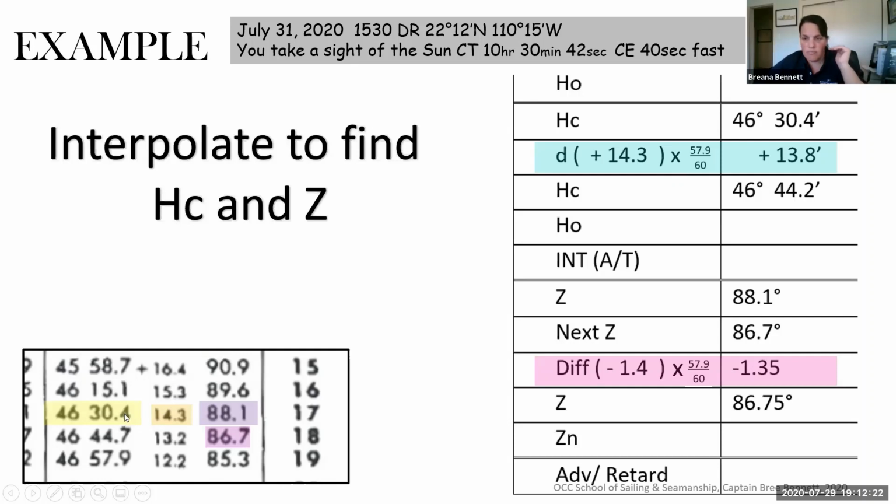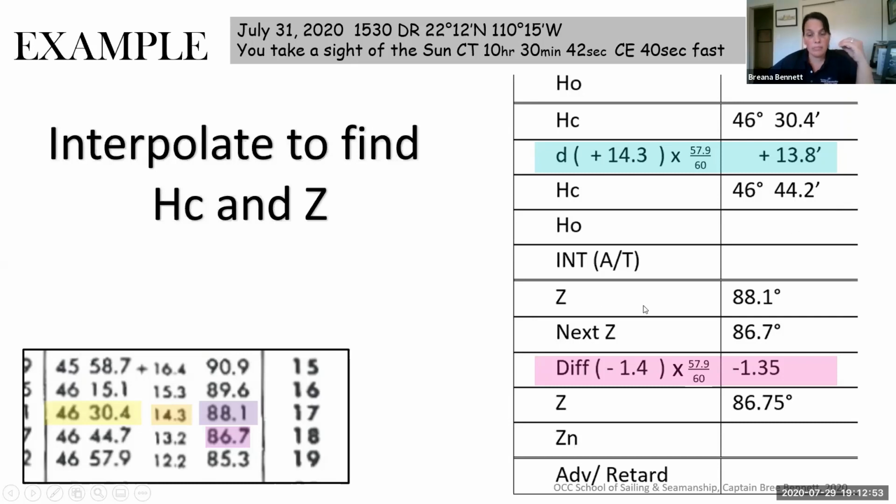So I put in my calculator 57.9 divided by 60, and then I multiply that by the little d, or my difference between the two HCs at the declination intervals. And I get my correction of plus 13.8. And then I can apply that correction, and I get my calculated HC.